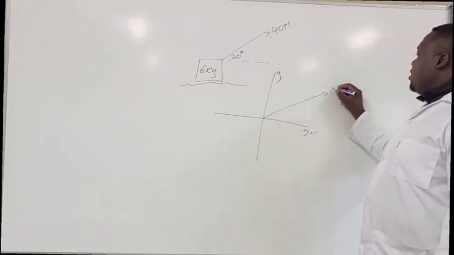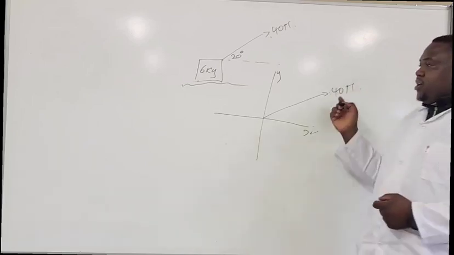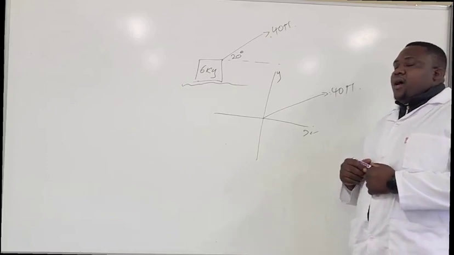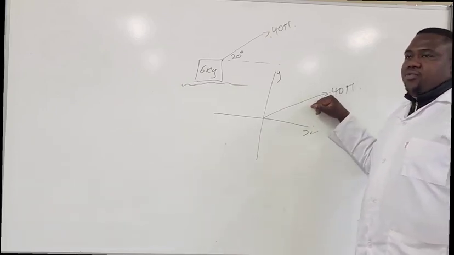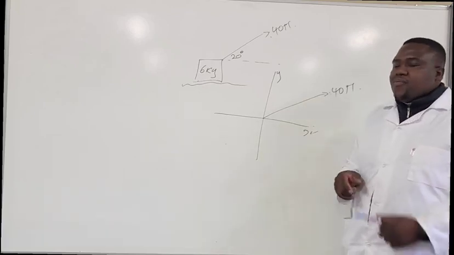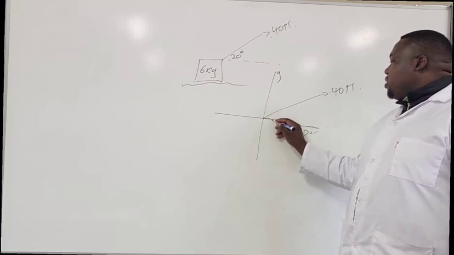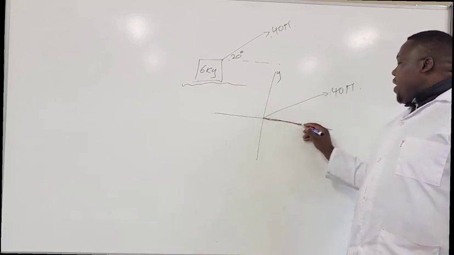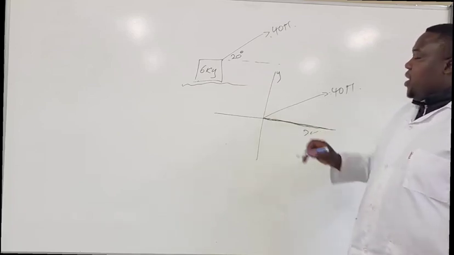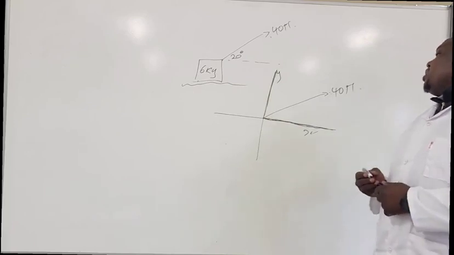We find that this is force F, which is 40 Newton. So this 40 Newton can be resolved into two components. The first component is the x component, the x-axis. This is the x component. And the second component is the y component, the y-axis.